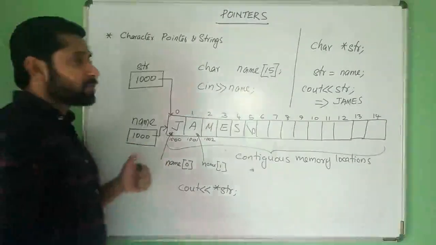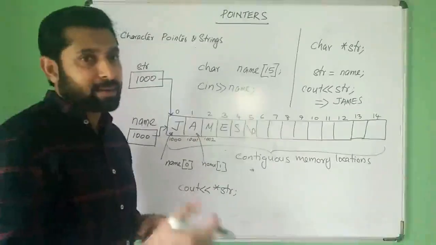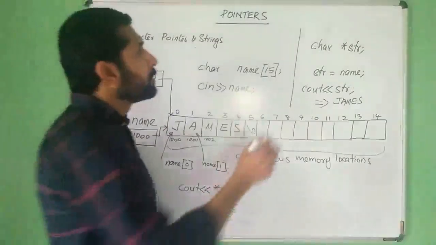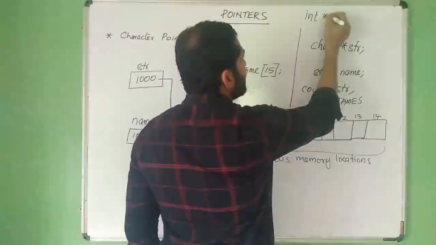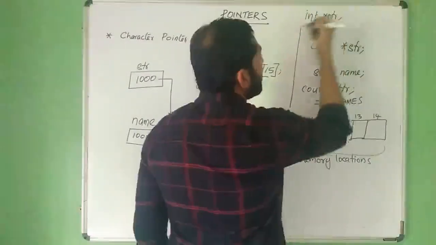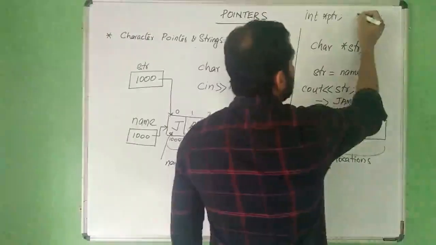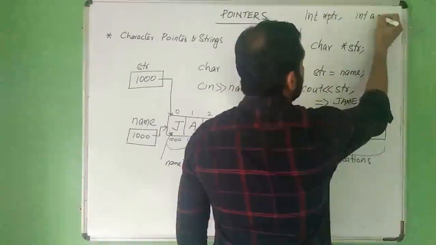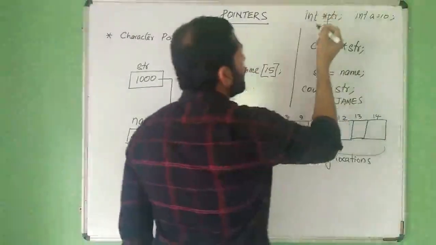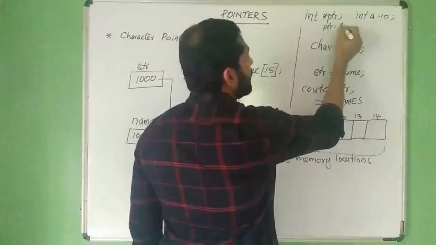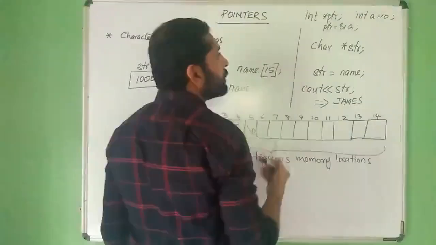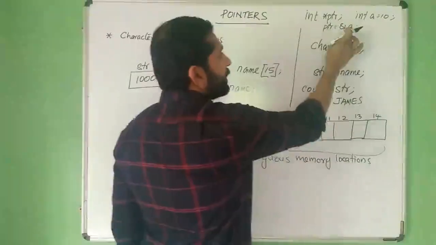Previously, in the case of an integer pointer, we created int star ptr, and we have a variable like int a equal to 10, and we are making a statement like ptr equal to ampersand a, the address of a.